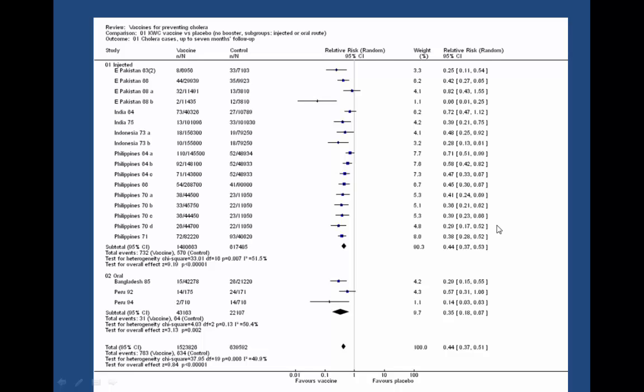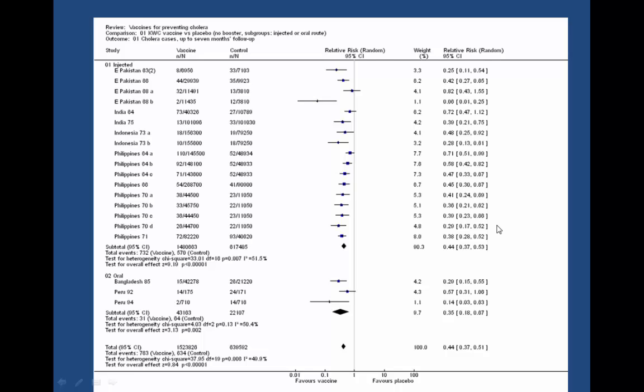The actual range was 0.08 up to 1 minus, and now I'm going to use this 0.67, so up to 0.4% reduction in development of cholera.